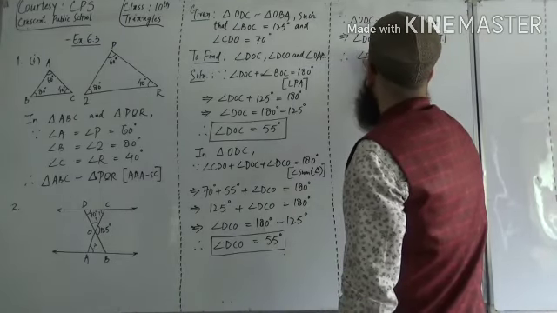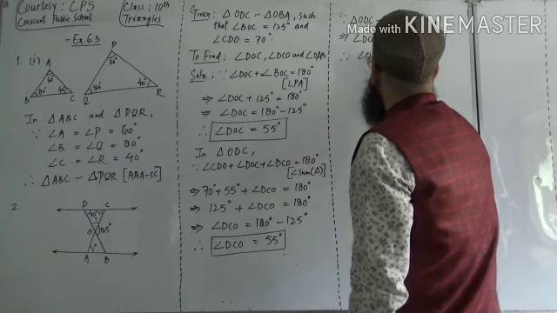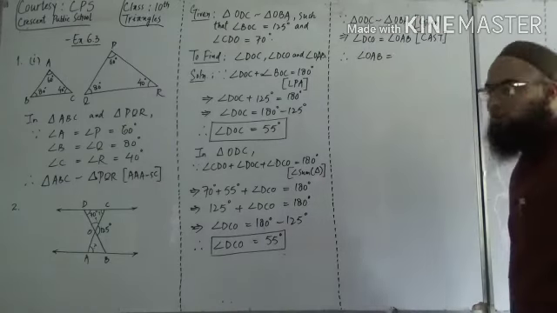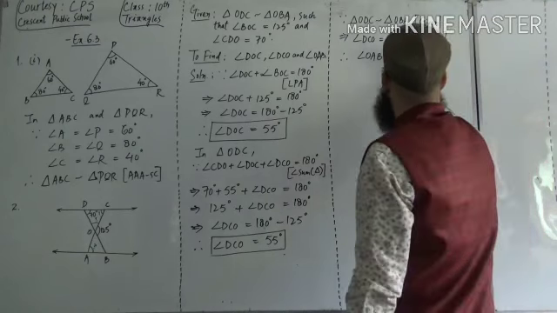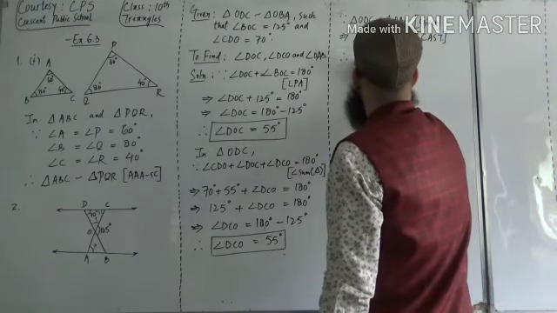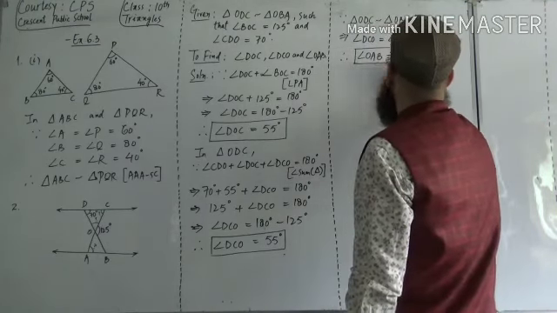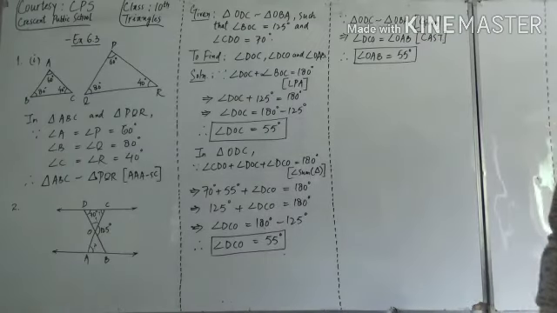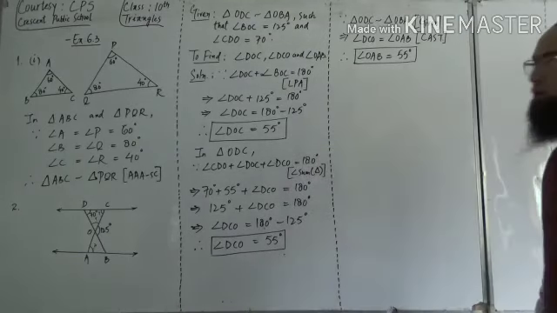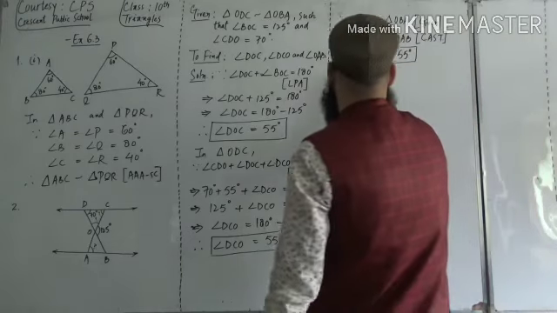Therefore, angle OAB, now DCO is 55 degrees, so OAB is also 55 degrees. Here you are. So all the required angles are equal to 55 degrees.